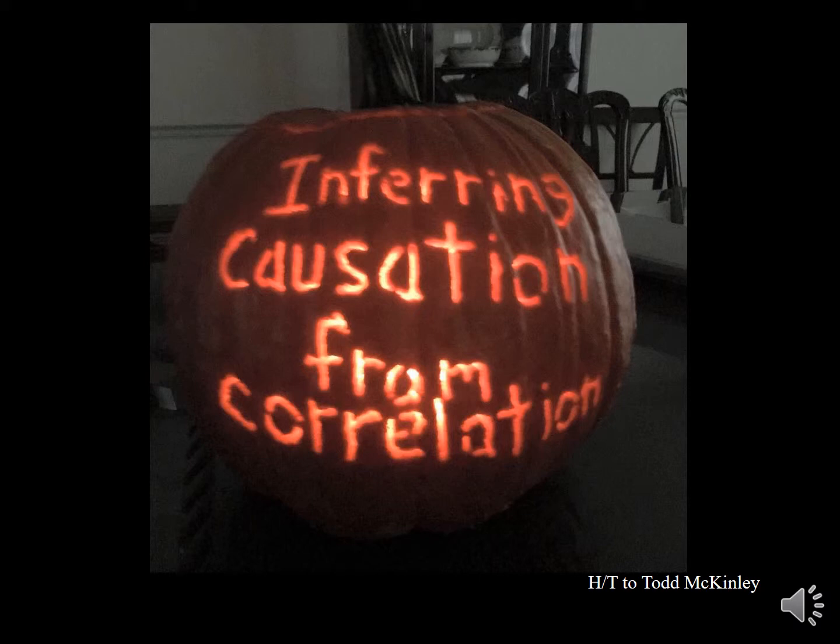Inferring causation from correlations is a very scary thing that unfortunately happens just about every day with research, and not just on Halloween. One of the most famous examples of this point, that correlation doesn't imply causation, is seen in the correlation between ice cream sales and drowning deaths in California.